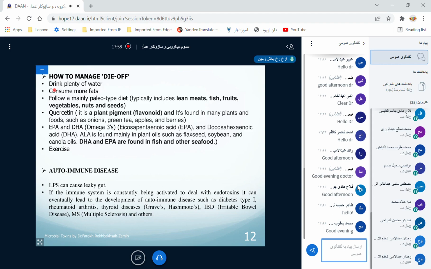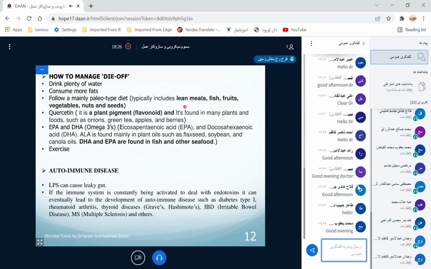So drink plenty of water, as much as possible. Consume more fats, because fats come around the LPS and make it neutral. Follow a mainly paleo-type diet. What is a paleo-type diet?